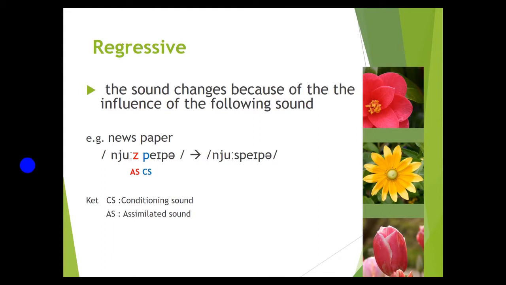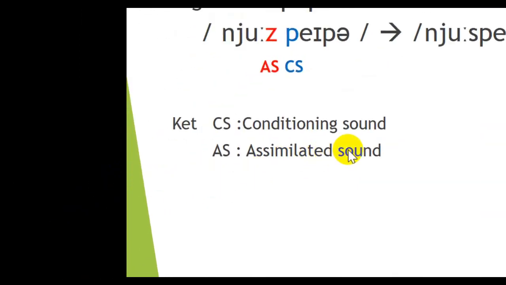Okay? Before we talk about the definition of regressive assimilation, we have to know that in assimilation, there are two important things. That is the conditioning sound and the assimilated sound. The conditioning sound is a sound that influences. The assimilated sound is a sound that undergoes changes. The one that is changed is the assimilated sound.